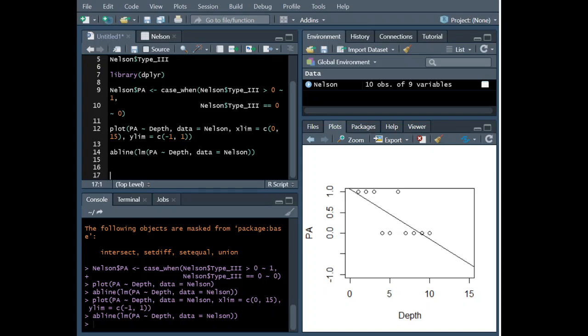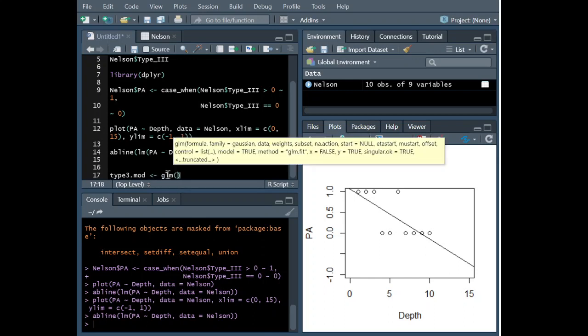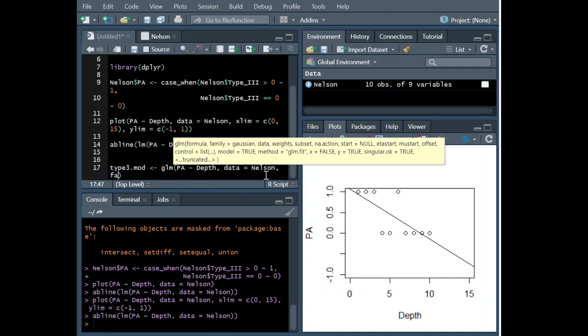And so to then build a binomial family generalized linear model, we're going to do the same stuff that we've done before. Use the GLM function, specify PA, presence absence, as a function of depth for the Nelson data, and make sure we specify a family argument as well.